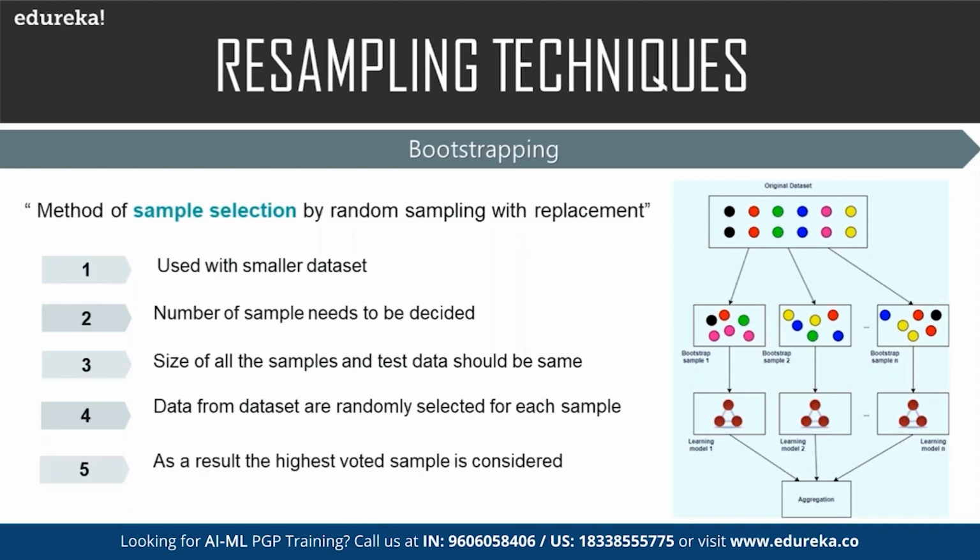We also call it bagging. We build different models upon the bootstrap data and ensemble them by bagging, and we get the aggregated result, where the highest voted samples are mostly considered.